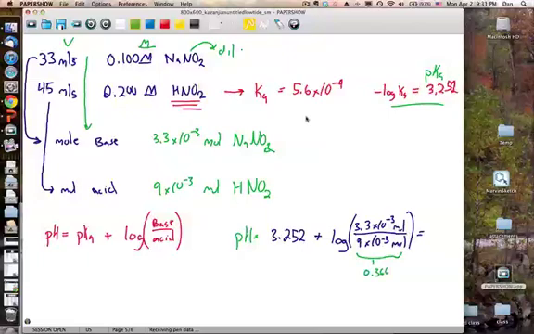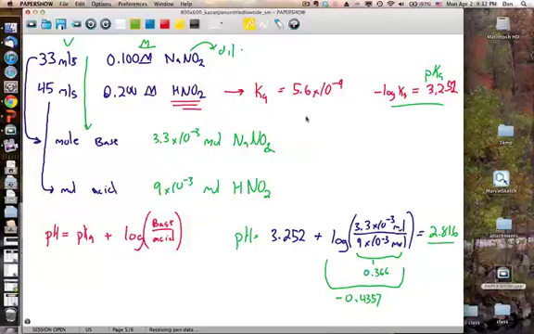The log of that number will equal negative 0.435. So this would become 3.252 minus 0.435, or 2.816 as the new pH.